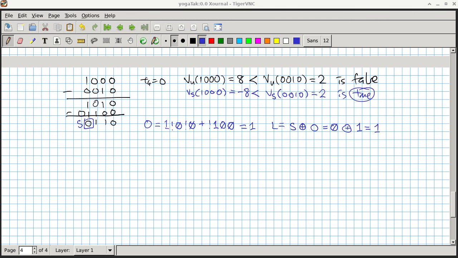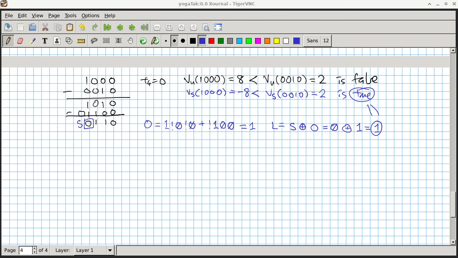So true seems to be consistent with what the L flag is indicating. So magically, the way we define the L flag is the correct indicator of whether the minuend is less than the subtrahend if we choose to look at both bit patterns as signed integers. Are we okay so far?